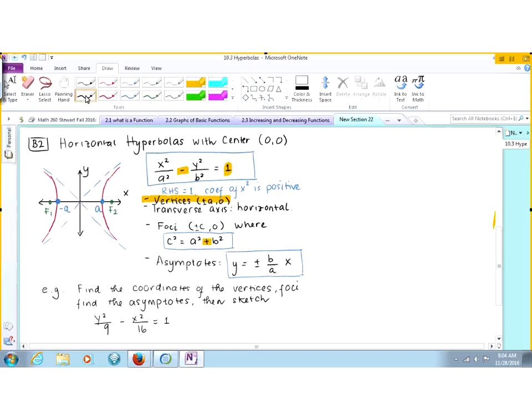All right. Good. Now, let's sketch it first. Find the coordinates of the vertices, foci, the asymptotes, then sketch. Once I know the equation, what can I tell from the equation? What type of hyperbola? Vertical hyperbola? Why? That's right, but tell me why.